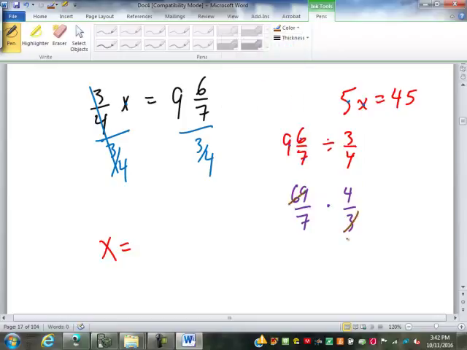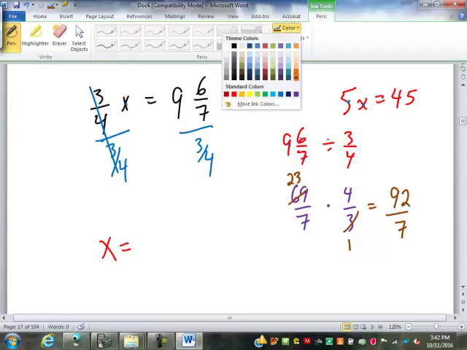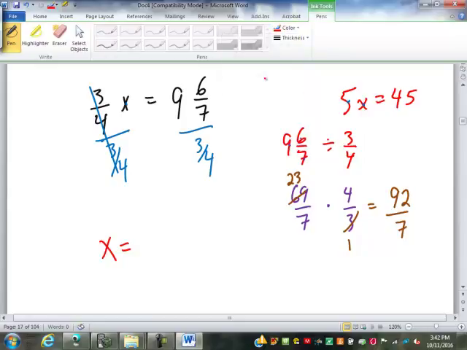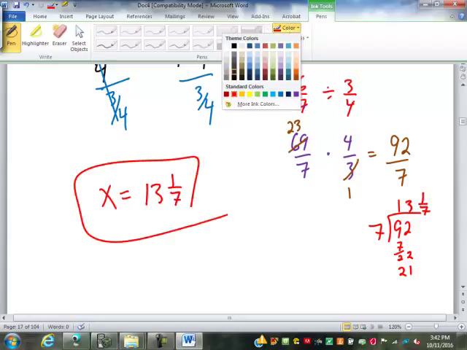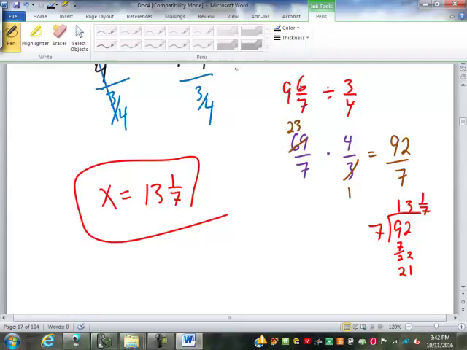Cross cancel, 3 and 69 gives me 1 and 23. 23 times 4 is 92. 7 times 1 is 7. 92 divided by 7. 7 goes into 9 once. 2 left over. Bring down the 2. 7 goes into 21 3 times with 1 left over. So it's 13 and 1/7. What do you think? Not terrible?